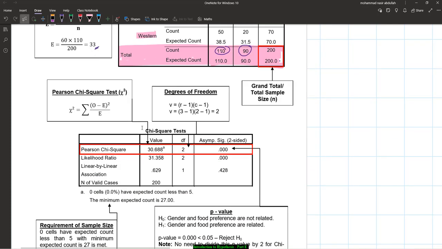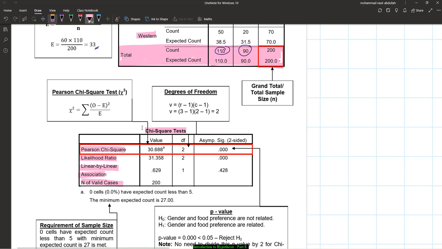So the next table is the chi-squared test table, right? In this chi-squared test table, there are a lot of tests given in SPSS, such as Pearson chi-squared test, likelihood ratio, linear by linear association, and valid cases.